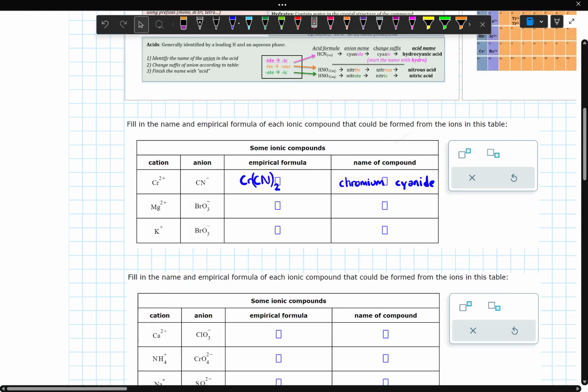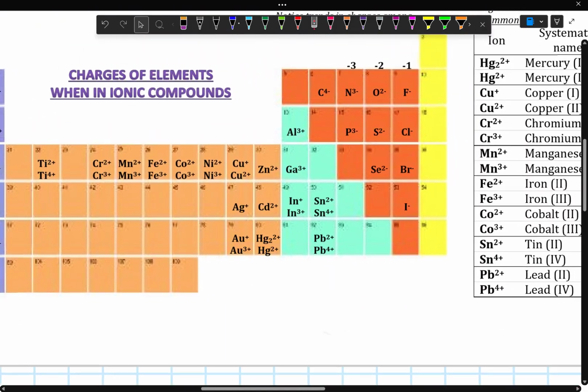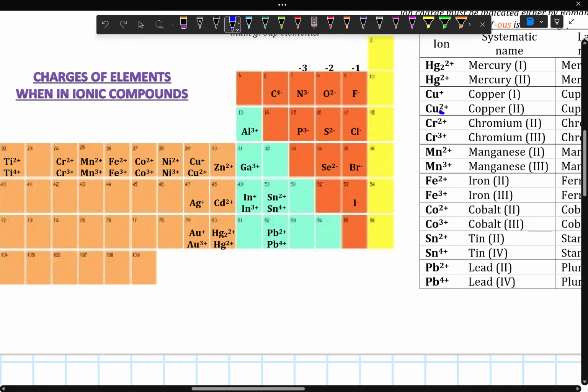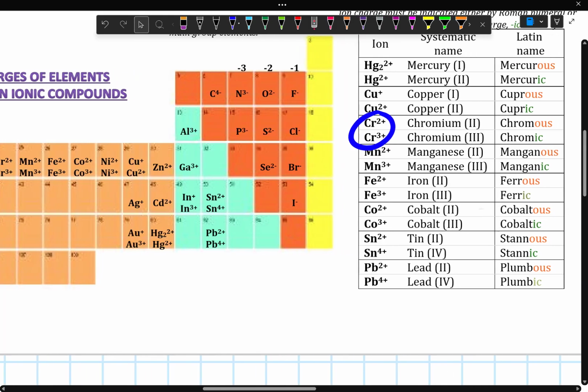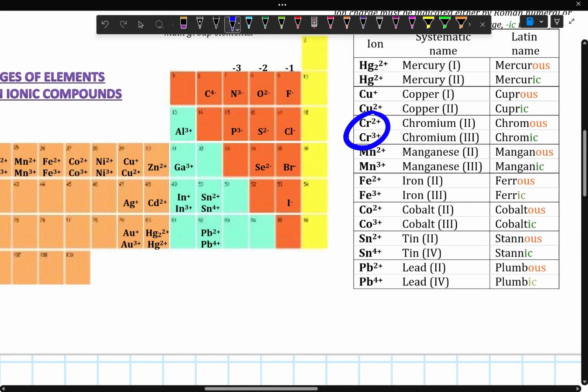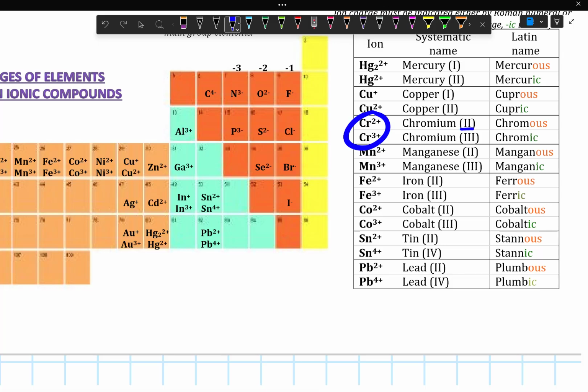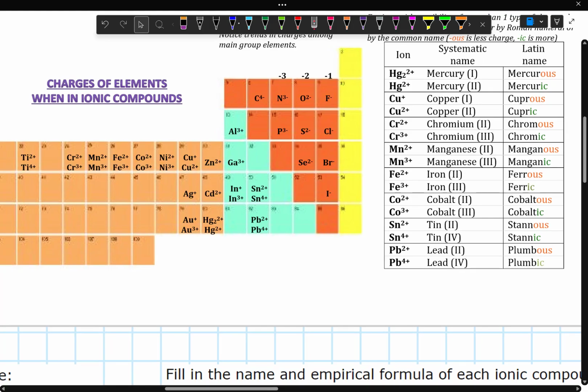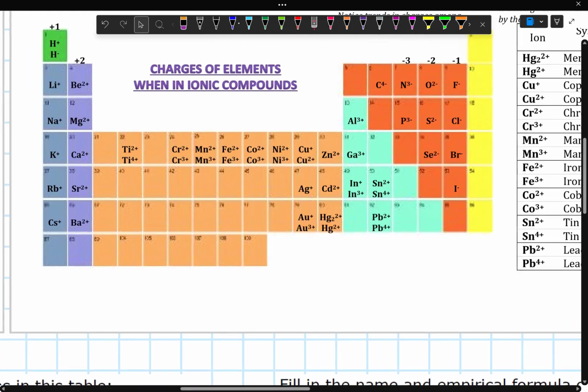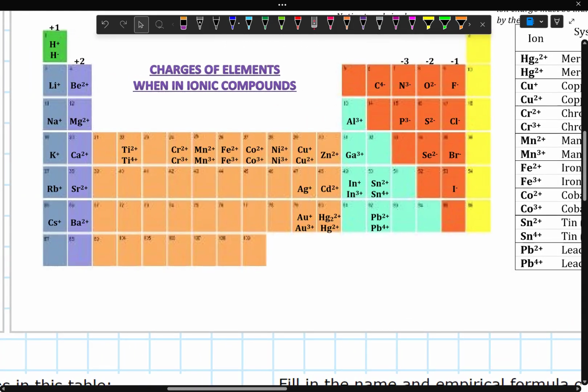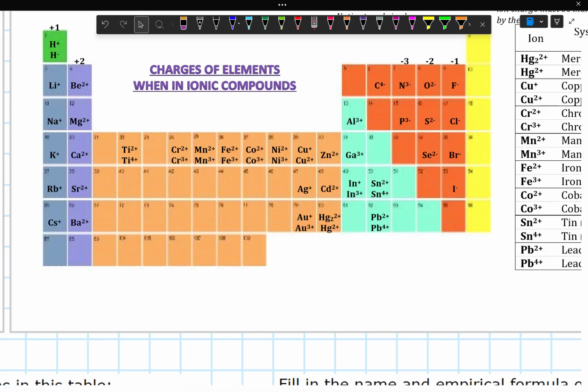Chromium, if we look at our nomenclature, we find that chromium has two possible charges. It can either have a charge of +2 or a charge of +3. Now, remember this: whenever you have a metal that has more than one charge, we have to state that charge in its compound name.